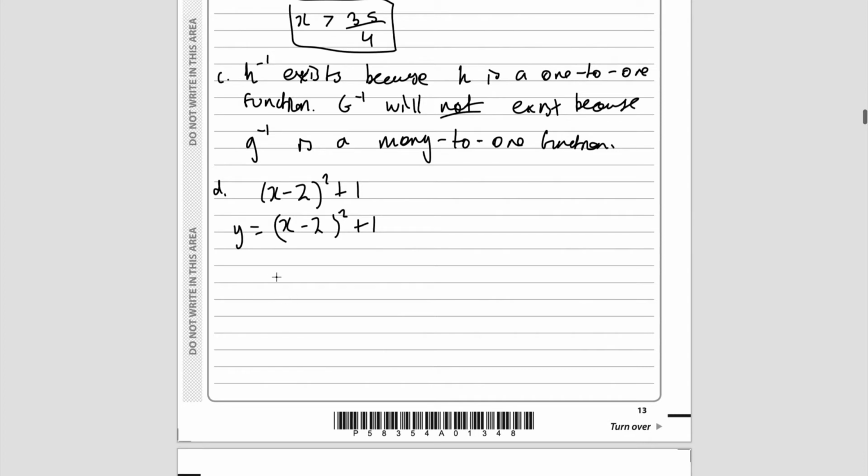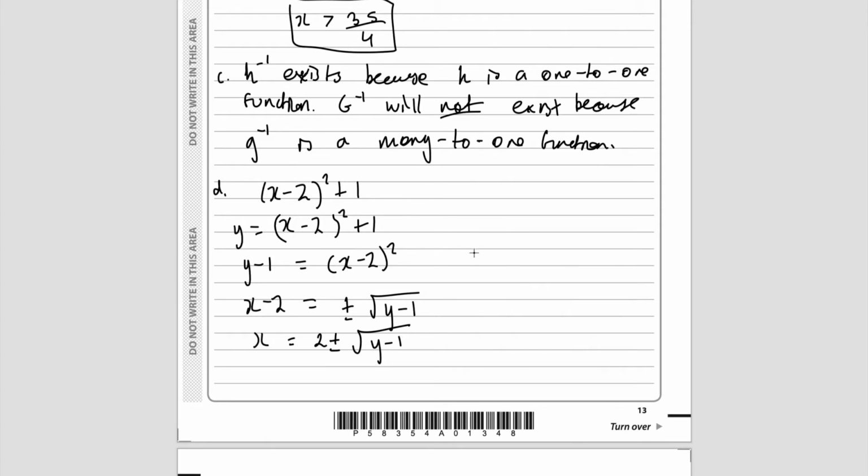Subtract 1 from both sides: y minus 1 is equal to (x minus 2) squared. If we square root both sides, x minus 2 is equal to plus or minus the square root of y minus 1. Therefore x is equal to 2 plus or minus the square root of y minus 1.